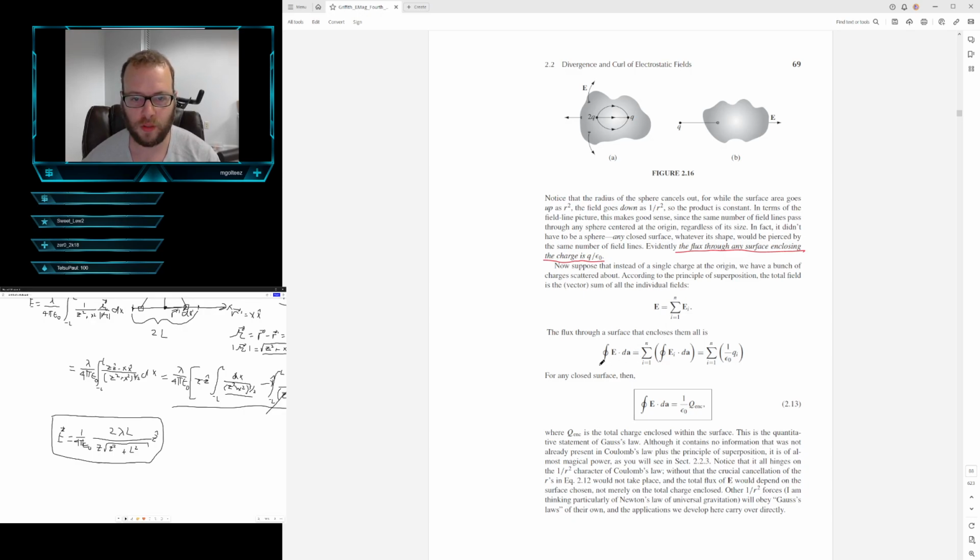So the flux is going to be the sum of all those components over an enclosed surface, which is going to equal the sum of all the charges, which is just the total charge enclosed within a surface. This is Gauss's law.